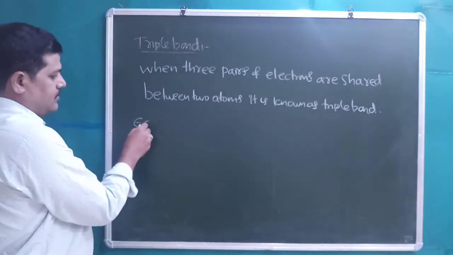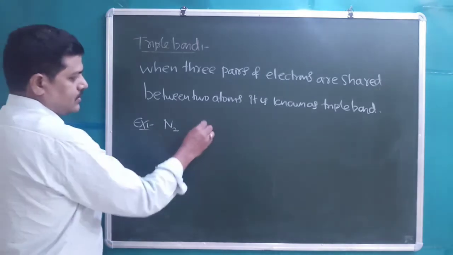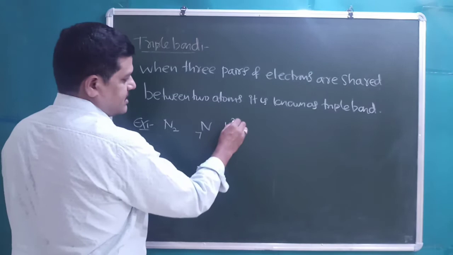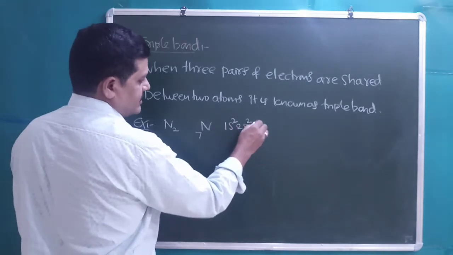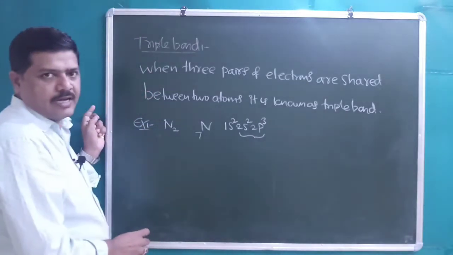For example, the N2 molecule, nitrogen molecule. Nitrogen atomic number is 7, electronic configuration 1s2, 2s2, 2p3. The outermost shell has 5 electrons.